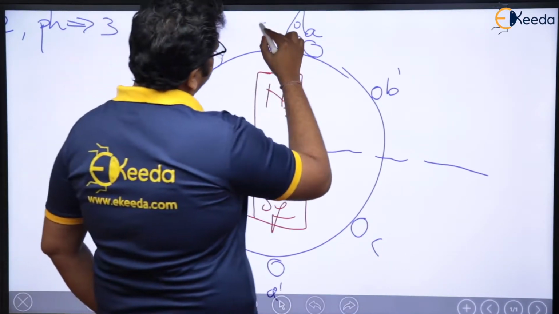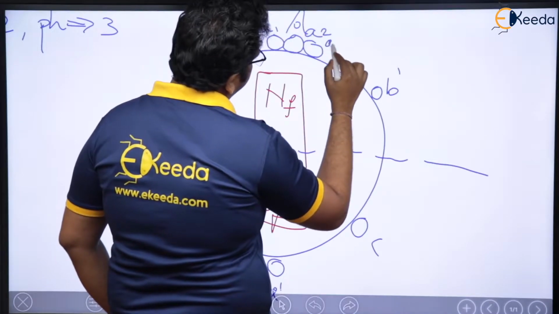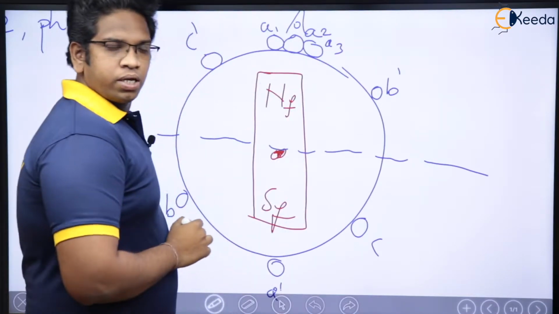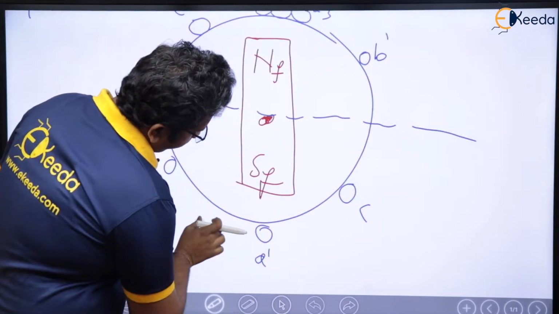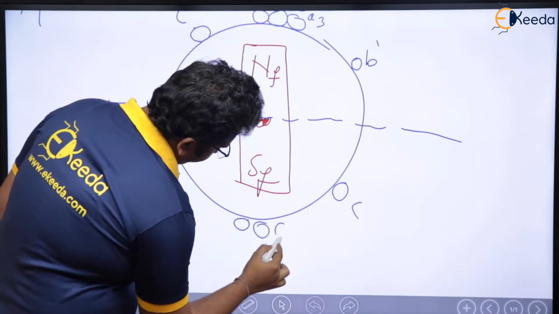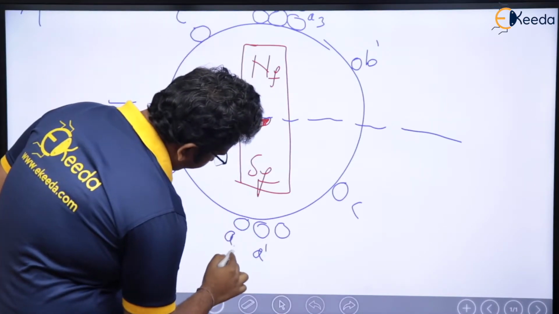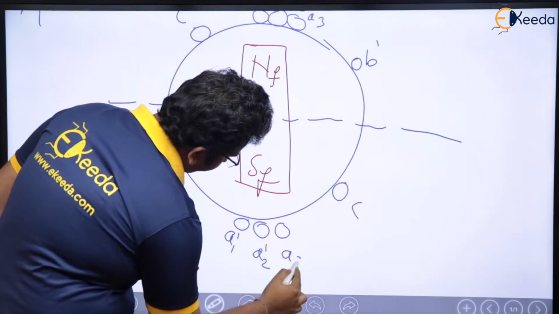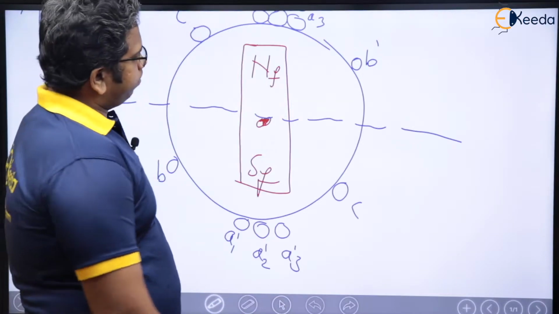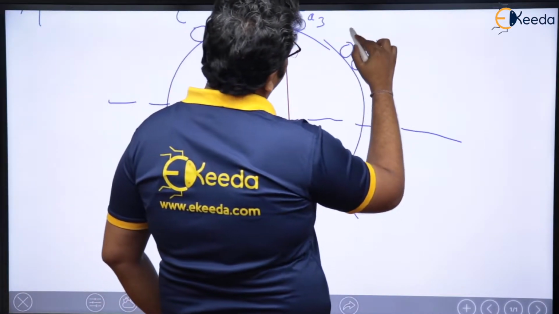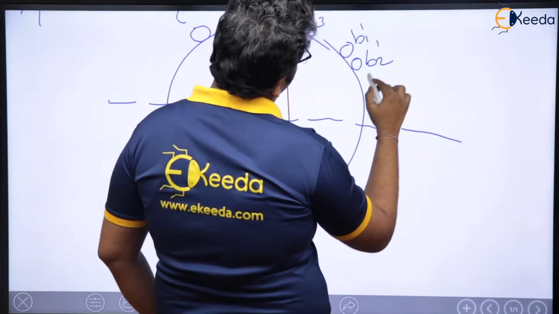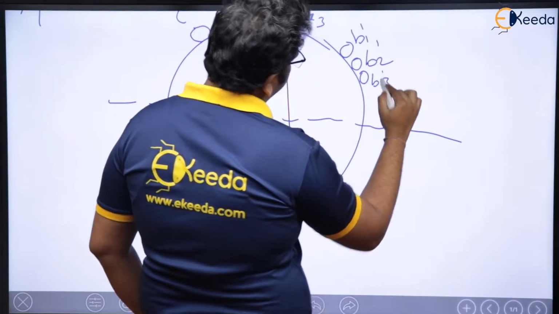So let me call this A1, A2, A3. Similarly, here I am going to have A1 dash, A2 dash and A3 dash. Similarly, if here is B dash, then here it is going to be B1 dash, B2 dash and B3 dash.